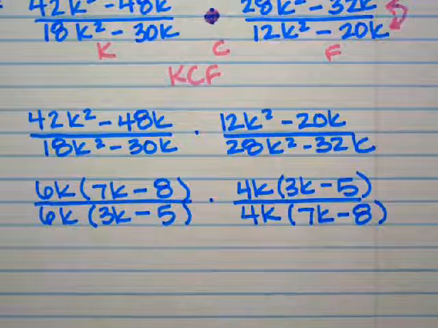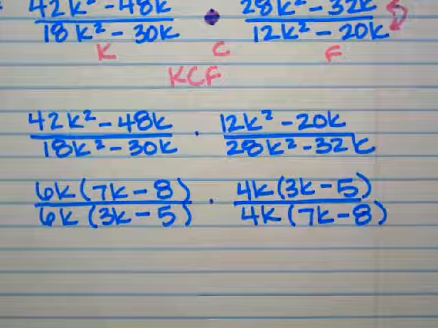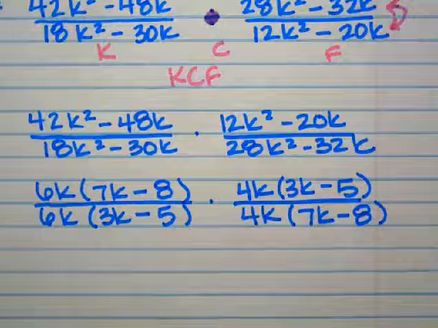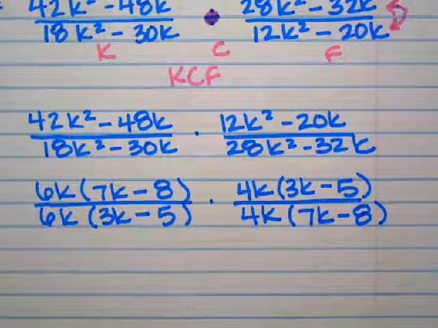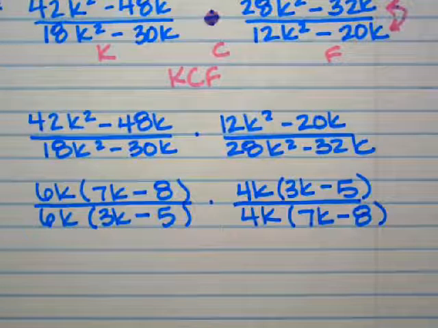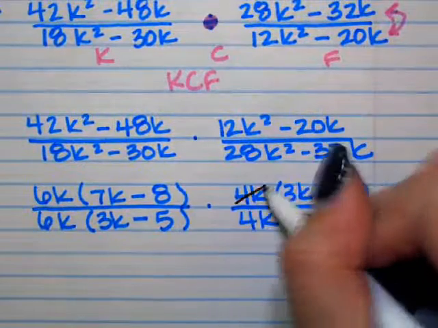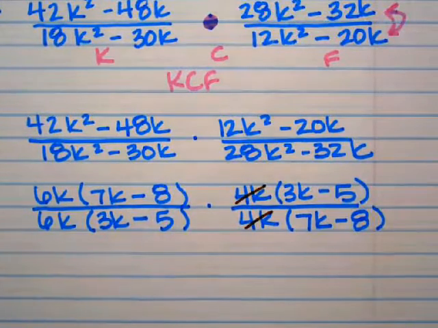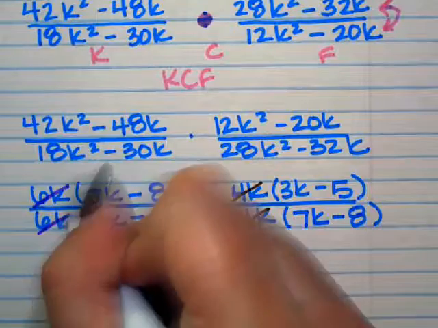Disappearing stuff. All right. Tell me what stuff is going to disappear. Everything. So we're going to get 0 as the answer, or... Okay, so what disappears? 4k and 4k divides to be 1. What else disappears? 6k divides to be 1.